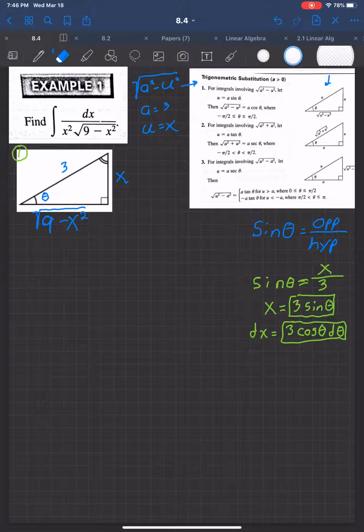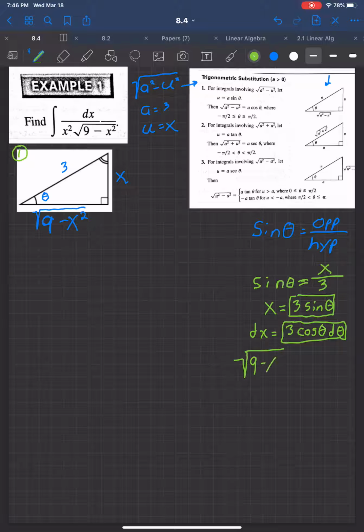But what is going to happen, as I showed you in a previous video, is that you're going to be able to rewrite the square root of 9 minus x squared as 3 cosine of theta. Always. Okay?